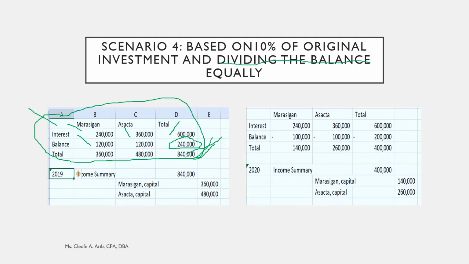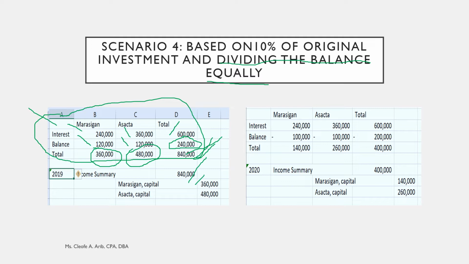Dividing the balance equally. So, 120 for Marasigan and another 120 for Asakta. So, sa 840, ang nakuha ni Marasigan is 360 at ang nakuha naman ni Asakta is 480. And how do we record that? We debit income summary 840 and then we credit the capital. The amount is based dun sa table.